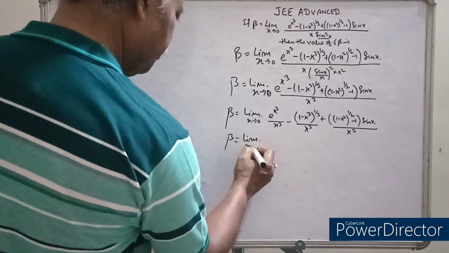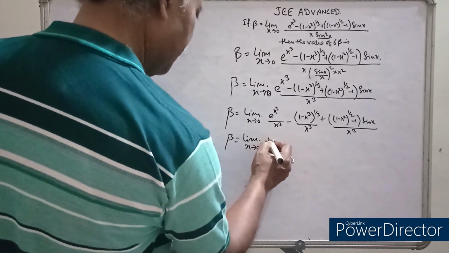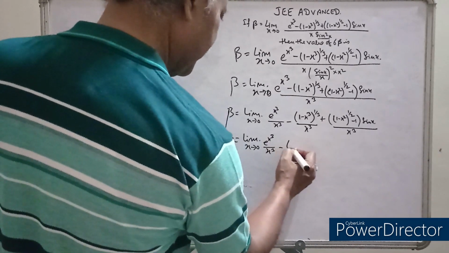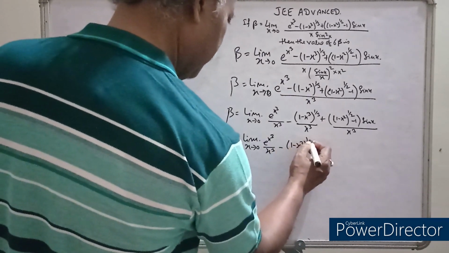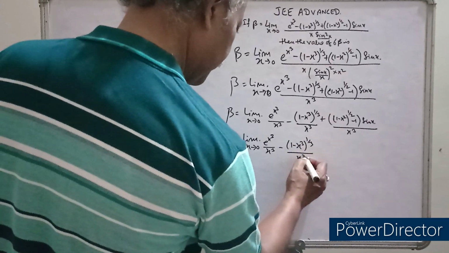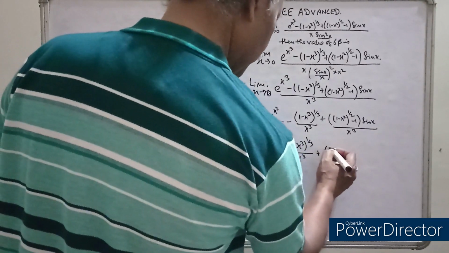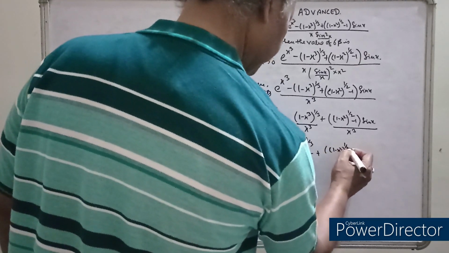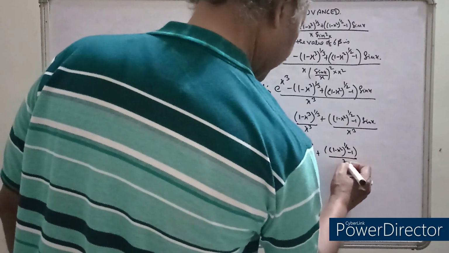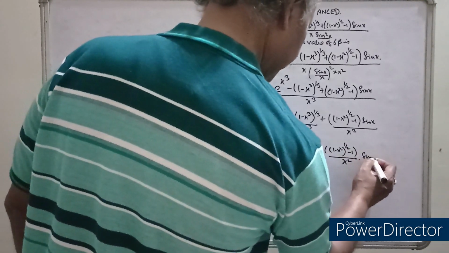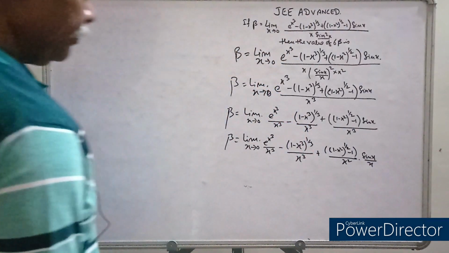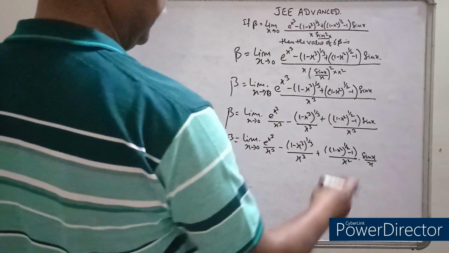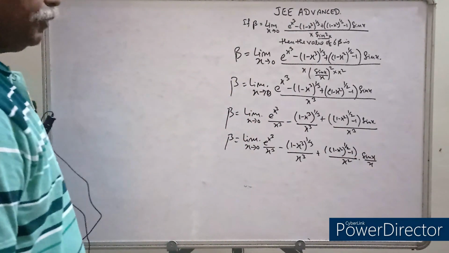Your main objective must be to minimize the terms as much as possible. Here it is (1 − x²) to the power 1/2 − 1 over x², and then x² times sin x / x. Again this part becomes 1, because you know that as x tends to 0, sin x / x becomes 1.